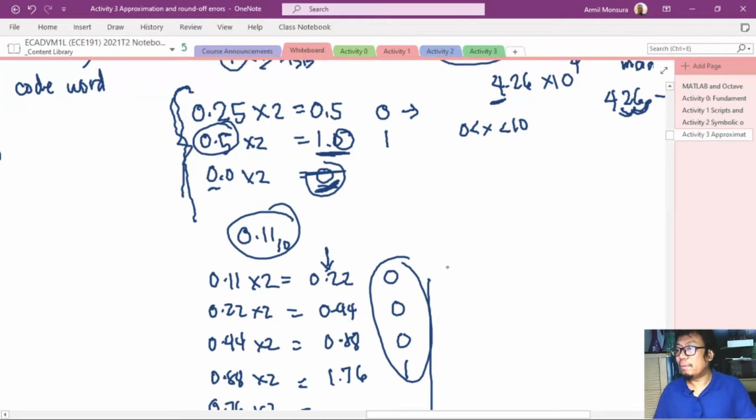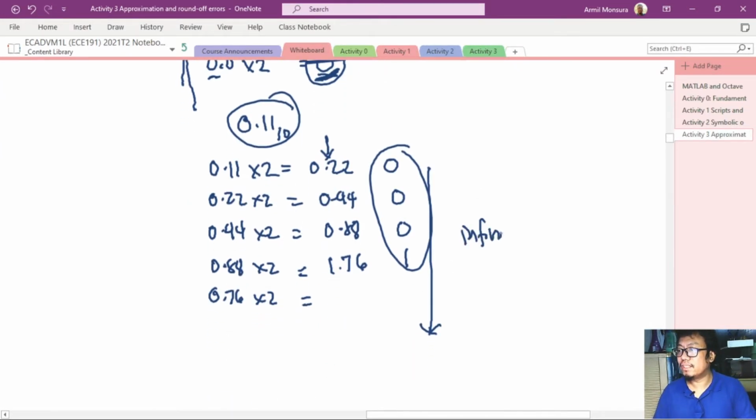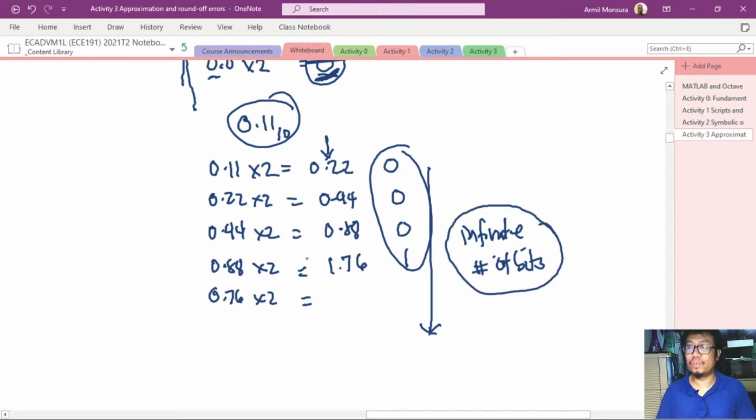Since numbers like this have an infinite number of bits, and as I mentioned before, computers have a limited amount of storage for everything, what your computer will do is, instead of using an infinite number of bits, it would round it off so that the Mantissa would just contain 52 bits.